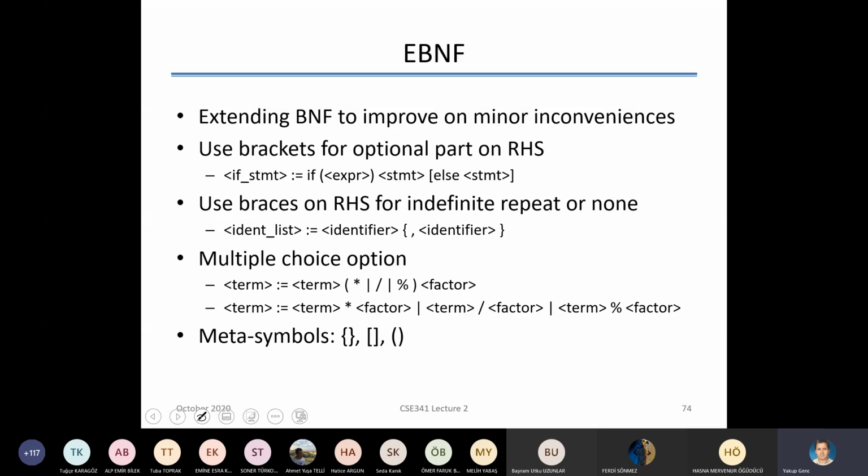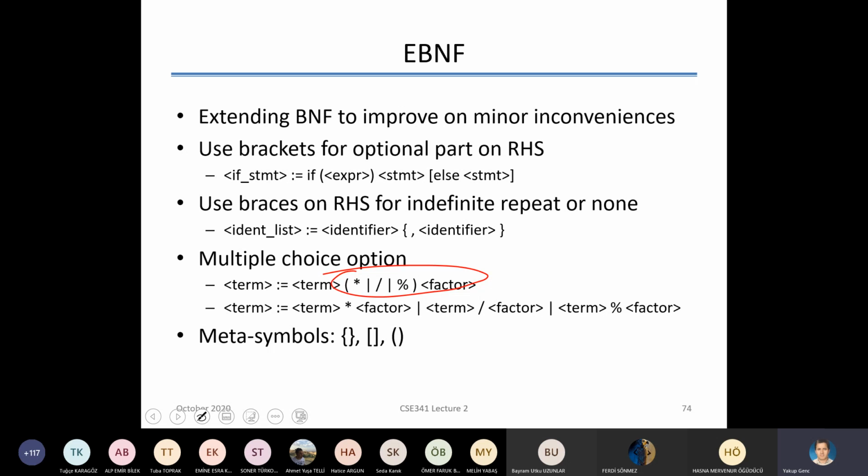And you can also have multiple choices, which is a little bit more convenient. For example, in the first example here, term and factor in between might have multiplications and so forth.